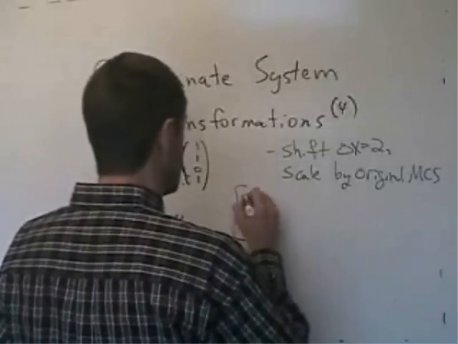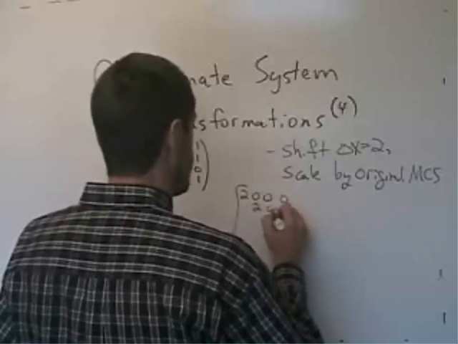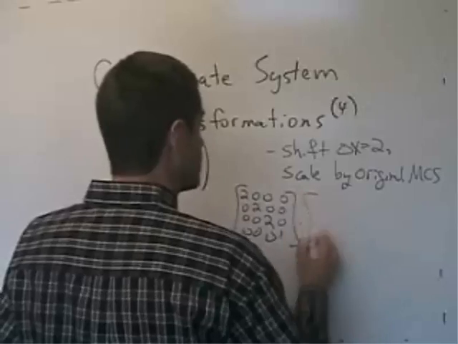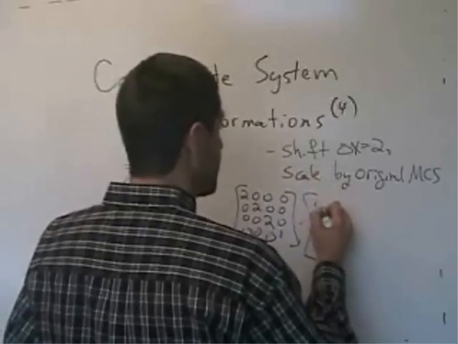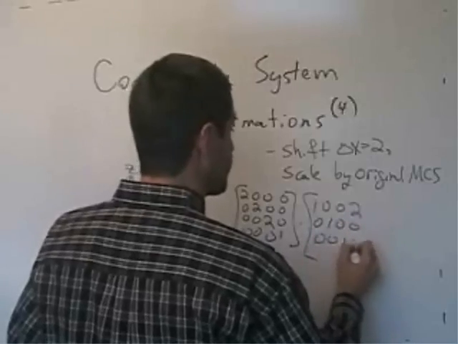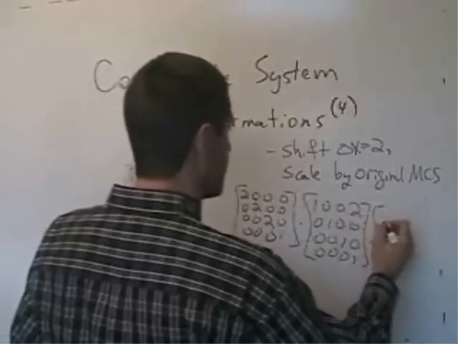So here we'd start with the scaling, then we do the shift, multiplied by our vector.